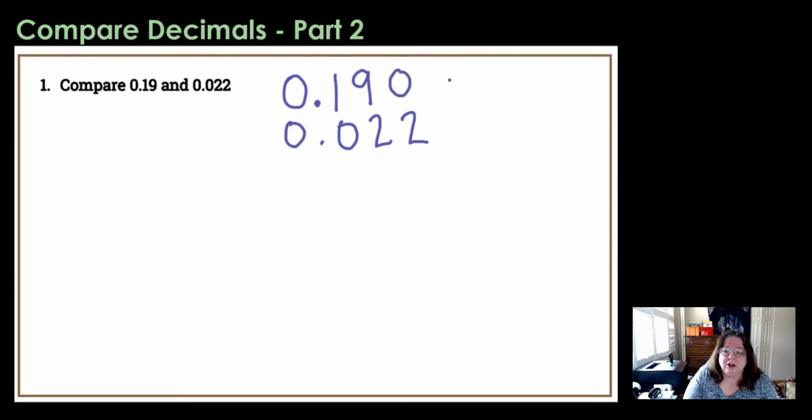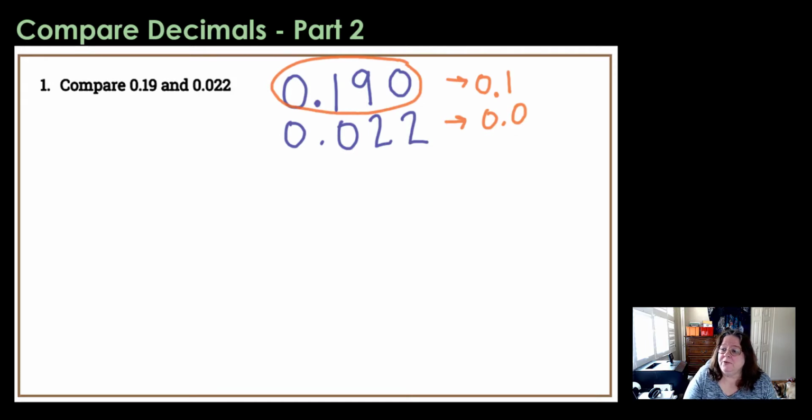If we just look at the tenths place, 0.1, and we just look at the tenths place, 0.0. Right there, that tells us which number is going to be bigger and which one is smaller, because it doesn't matter how many hundredths or thousandths there are. The fact that this one has a tenth and this one doesn't gives us what we need to know. So we know that this number is going to be bigger.